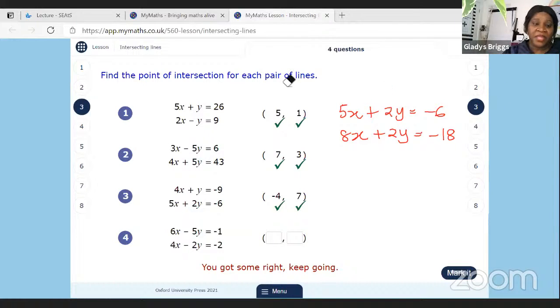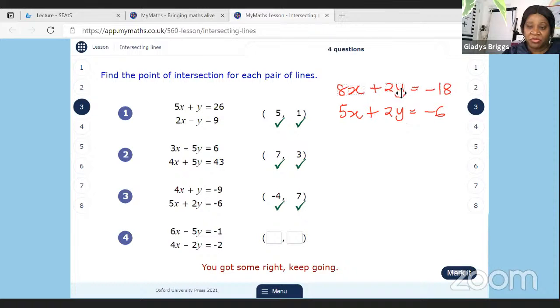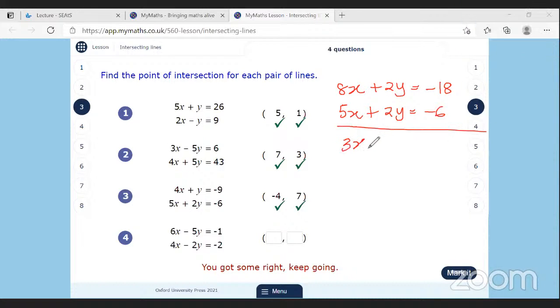Then I can decide, should I add or subtract now? Subtract. But I think it will be easier for us if we put this one on the top. 8x minus 5x is going to be equal to 3x.